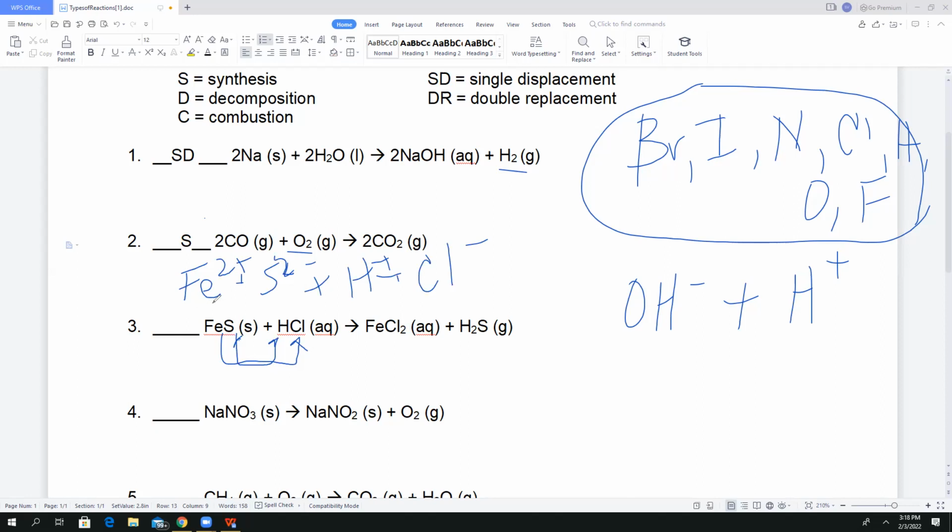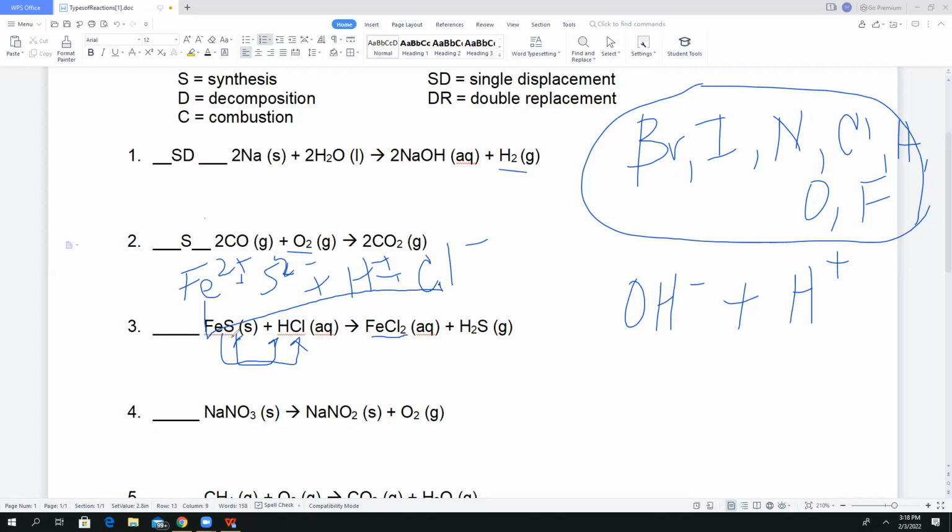You have to recombine them so that the iron here is going to go with something that it wasn't with already, which is the chlorine. And that's what this is. And since the ion is the Fe2 plus, then it's going to get FeCl2. Remember, we want to cancel out those charges.